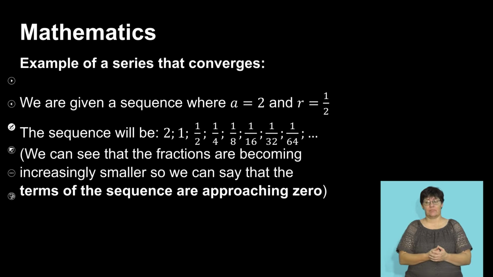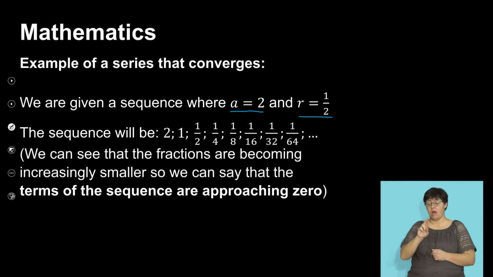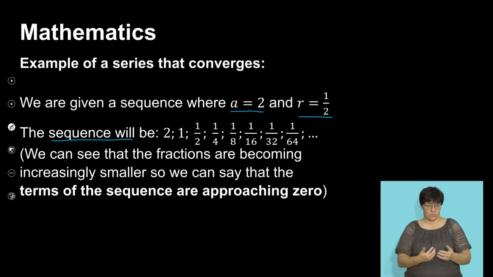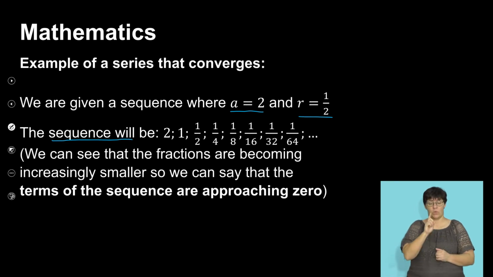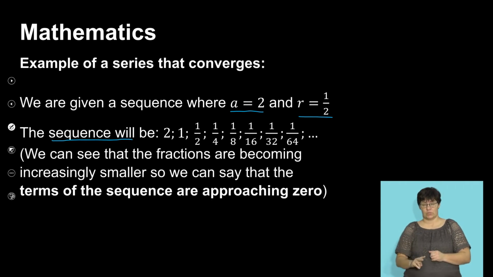So if I give you a specific geometric sequence where a is 2 and r is a half, so I've given you that the first term is 2 and the ratio is a half, the sequence will go in the following manner. It's going to go 2, 1, a half, a quarter, an eighth, a 16th, 1 over 32, 1 over 64. I'm sure that everyone is agreeing with me that these fractions are getting smaller and smaller.